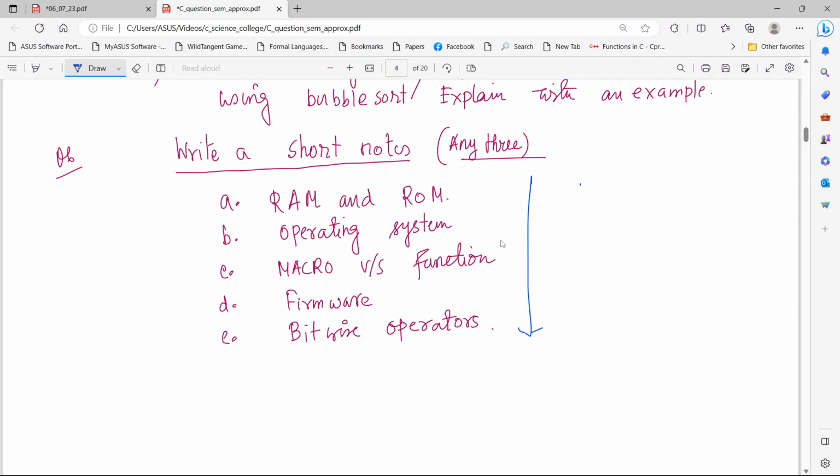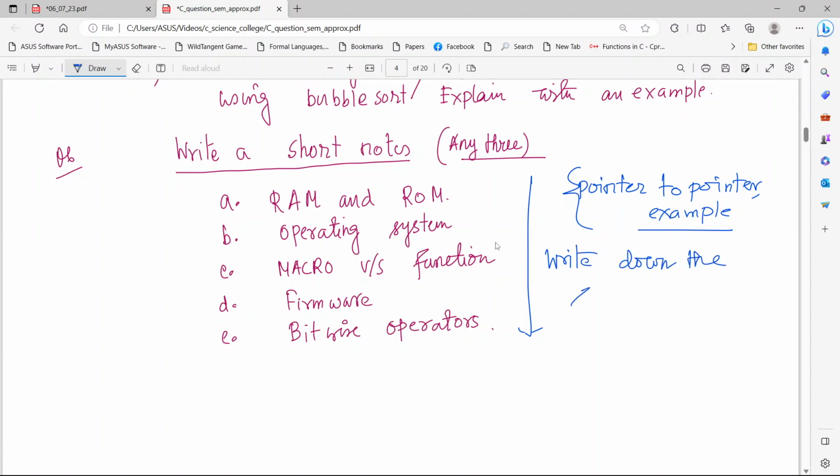Another thing that you should do: what do you mean by pointer to pointer? Always give some example associated with it. That is very much easy, whatever example you can think of. Or you should write down the steps of how a C program is executed.